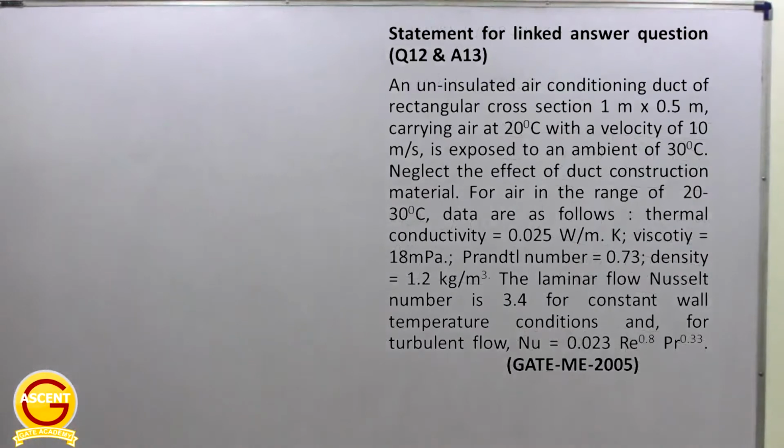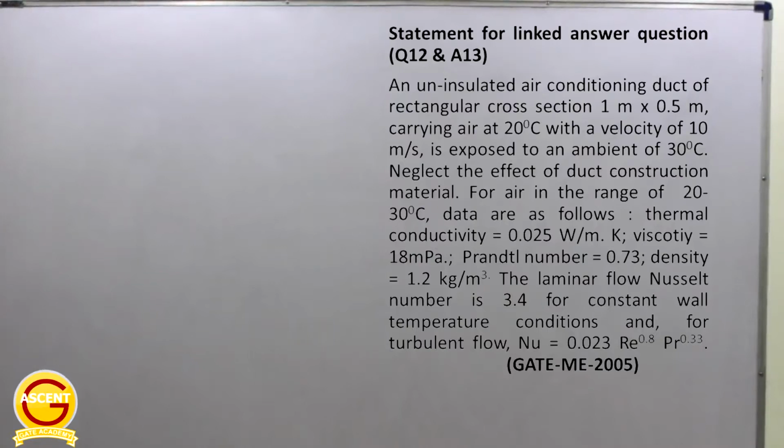Now we will solve a problem of convection through pipes or conduits. It is a GATE problem. An uninsulated air conditioning duct of rectangular cross section 1 meter by 0.5 meter, carrying air at 20 degrees Celsius with a velocity of 10 meters per second, is exposed to an ambient of 30 degrees Celsius.